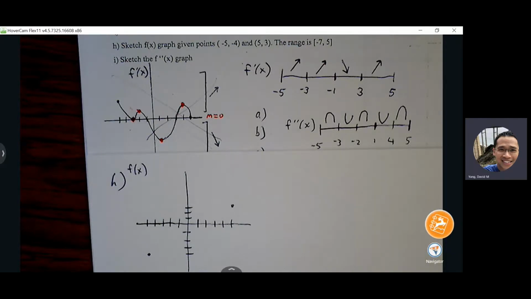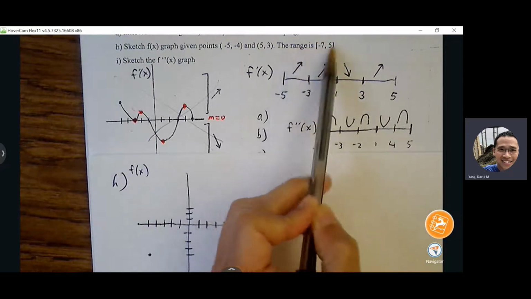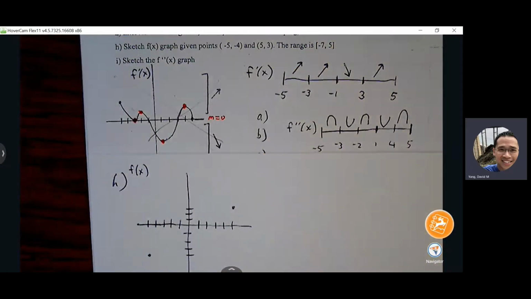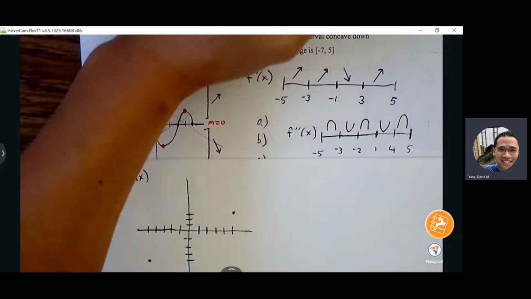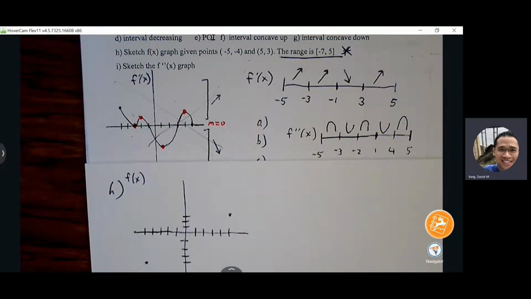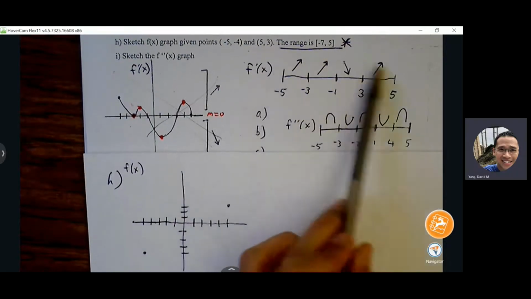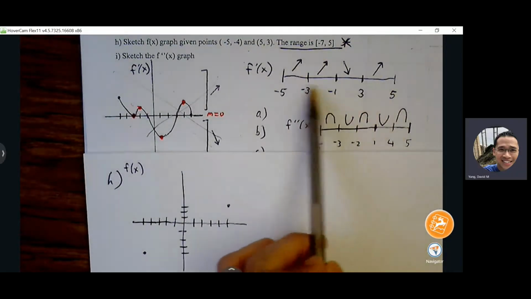So maybe right now we won't worry about the range so much, but at the end, if we see that our sketch doesn't quite reach that interval, then we have to stretch it so that it fits. Okay. So we'll put a star next to this. We have to come back and adjust our graph if we need to.